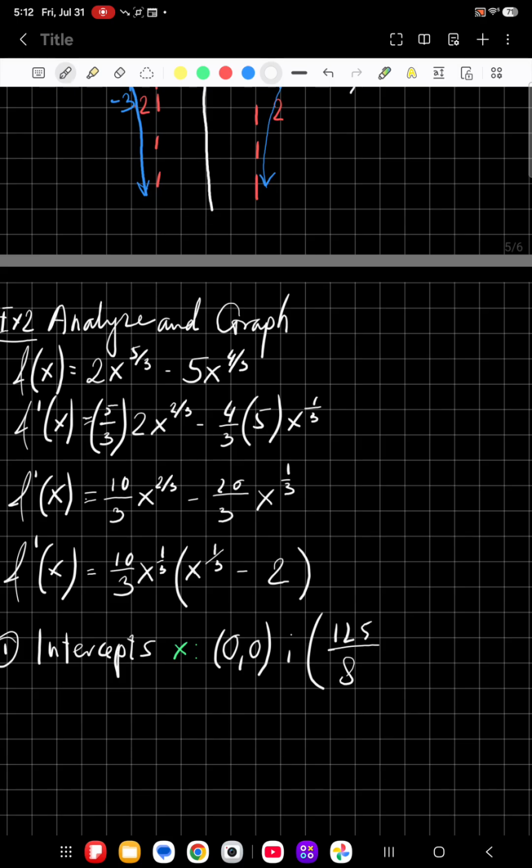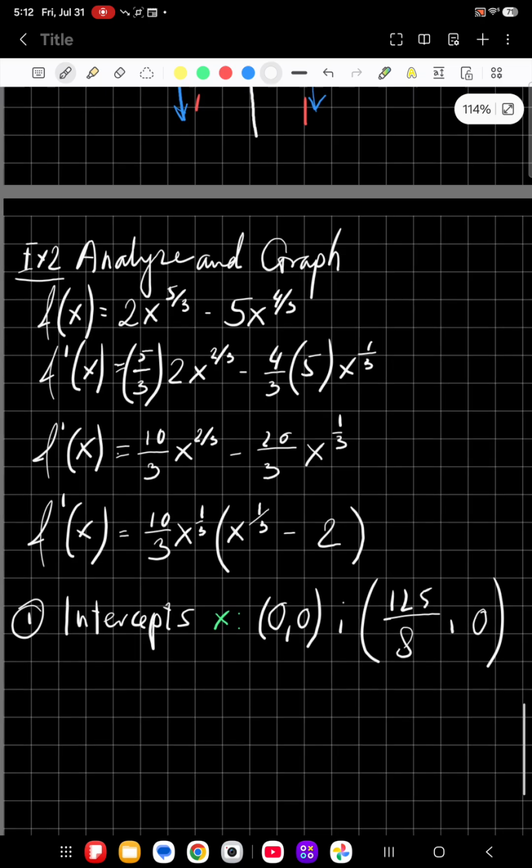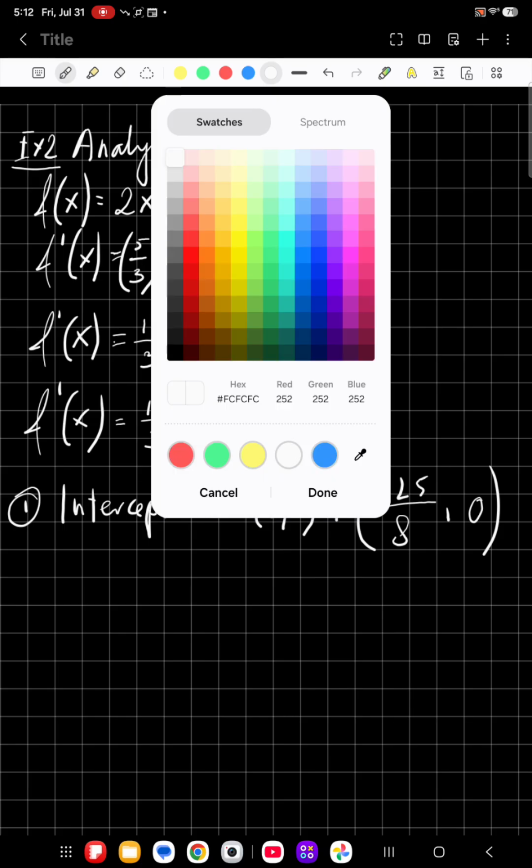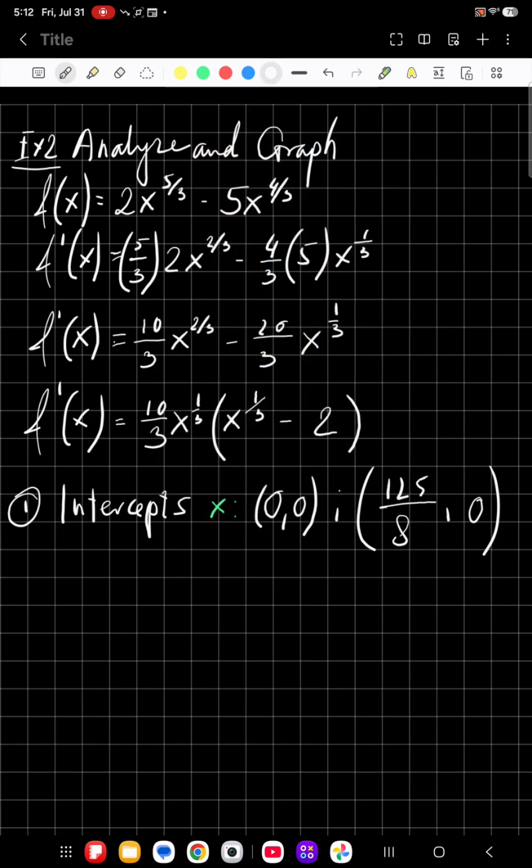So these are the two x-intercepts. We're finding x-intercepts, so we're making y equal to 0. To find intercepts, we're not using the first derivative or anything like this. So just take the original function.